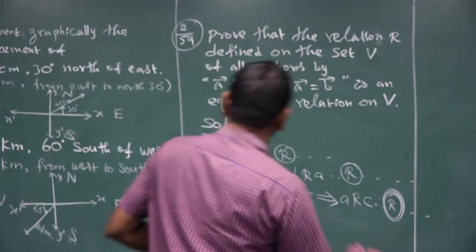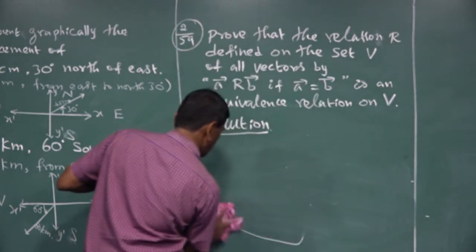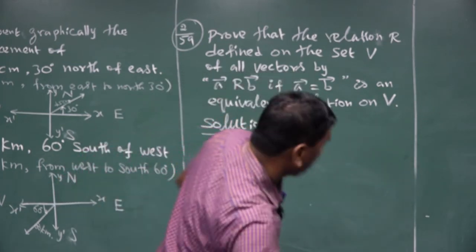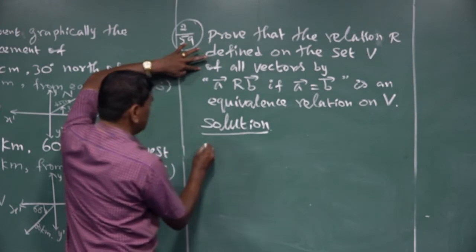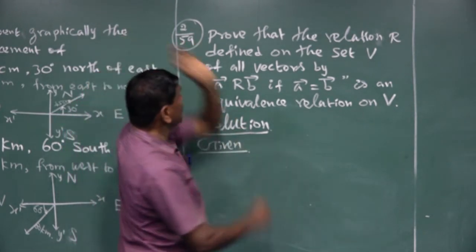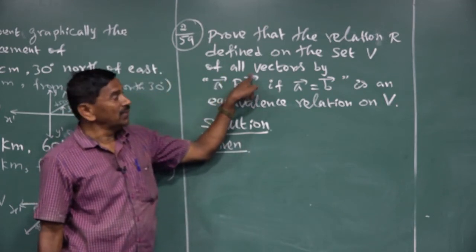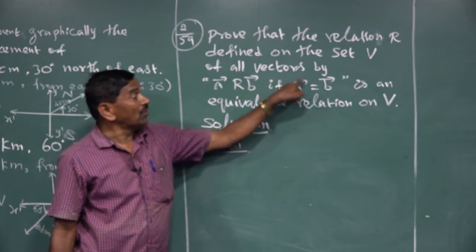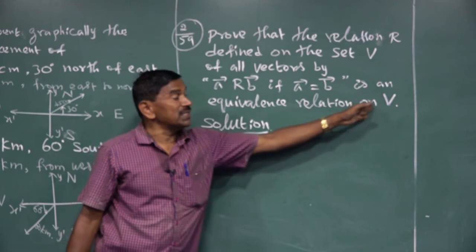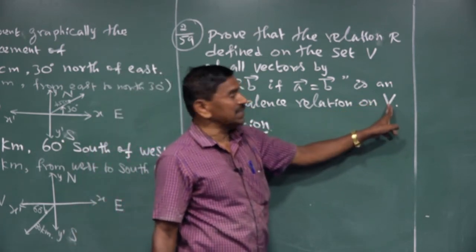Now come to our question. First of all, what is given? A vector is related to B vector if A vector is equal to B vector, is an equivalence relation on the set V, where V is the set of all vectors, which is a non-empty set.